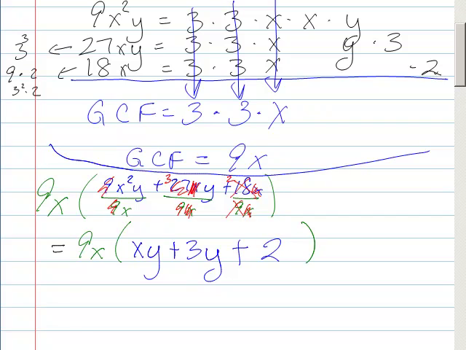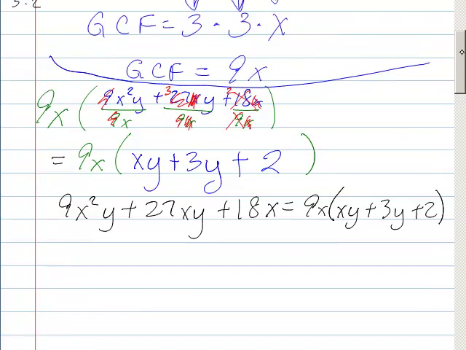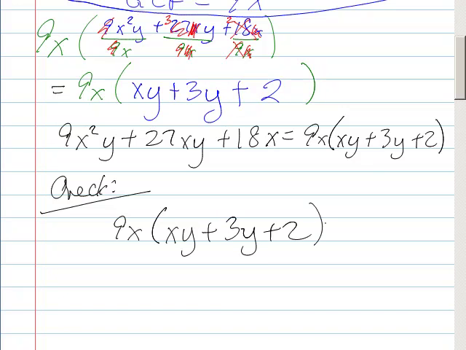So we have 9x squared y plus 27xy plus 18x equals 9x times (xy plus 3y plus 2). If we want to check, we can do it by distributing.